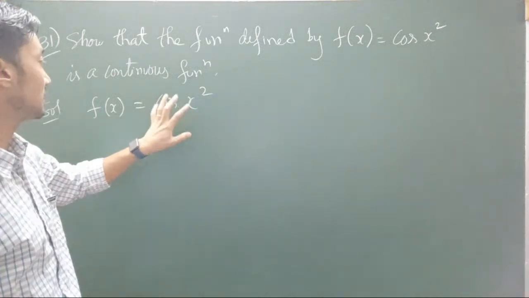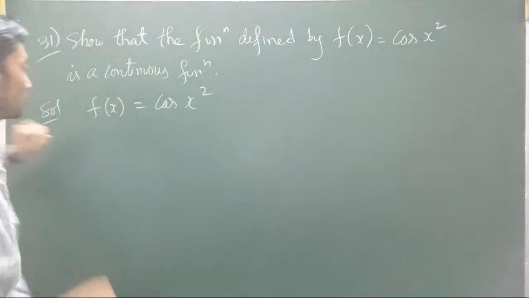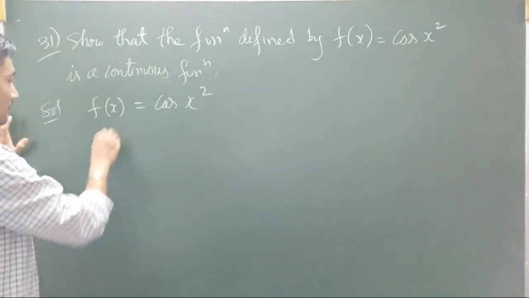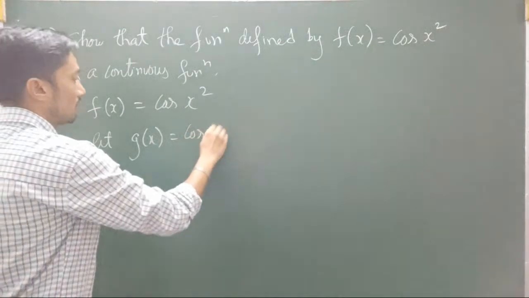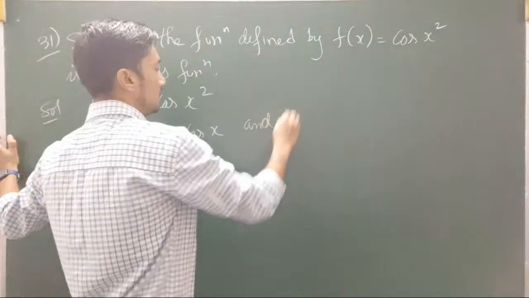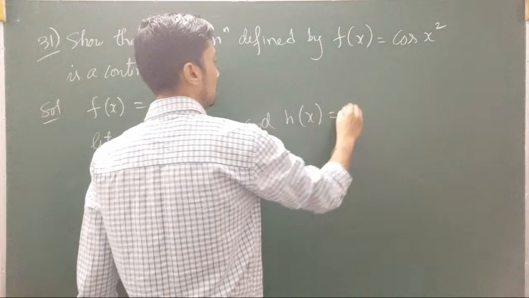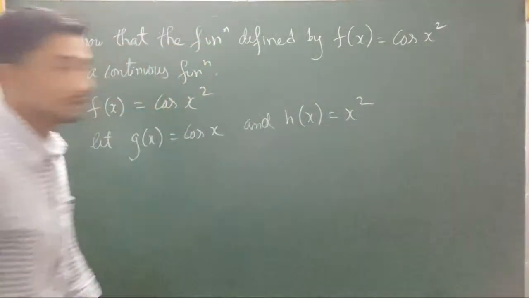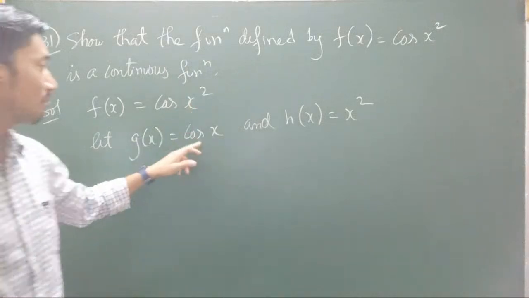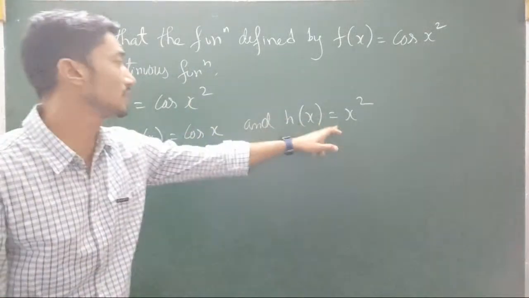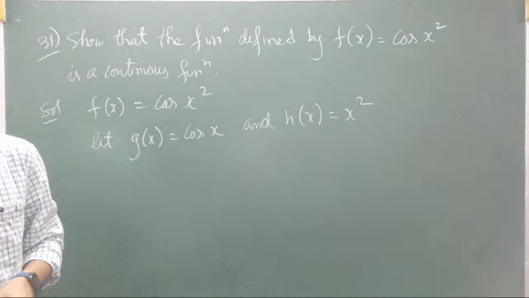So it is broken into two functions, and we'll have to identify that. If we assume g to be cos x and h to be x squared, then cos x squared is a combination of these two functions.